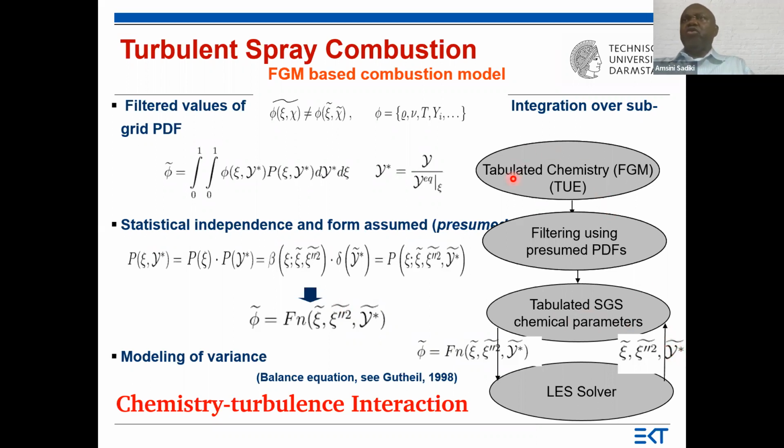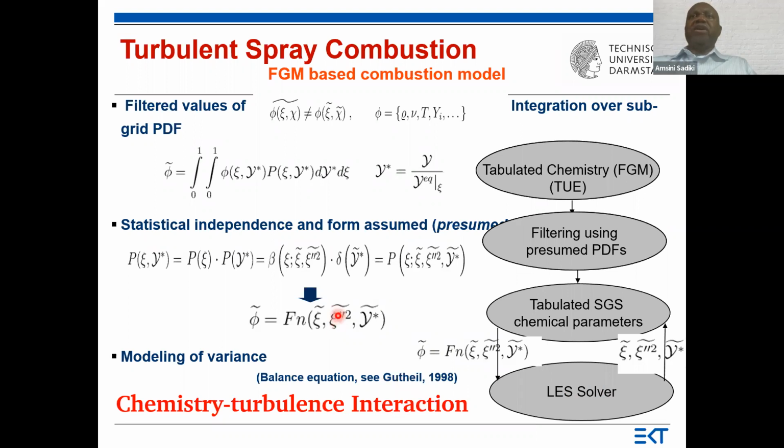So we have what we obtain from the chemistry. We make this filtering, and we have our tabulated lookup table, and this will be called at each iteration in which we are solving our equations. This is how we consider the chemistry turbulence interaction.